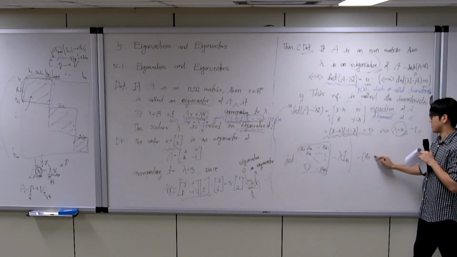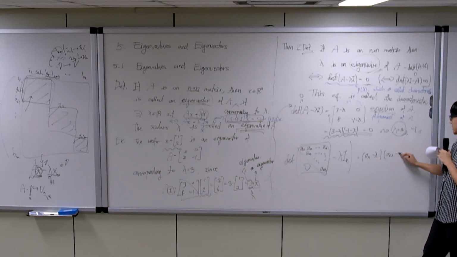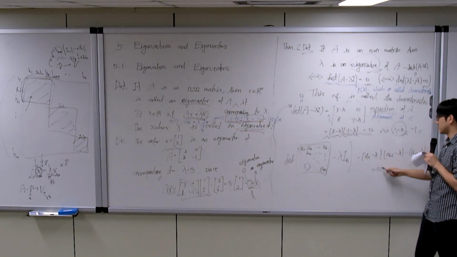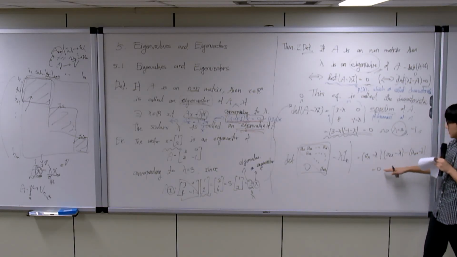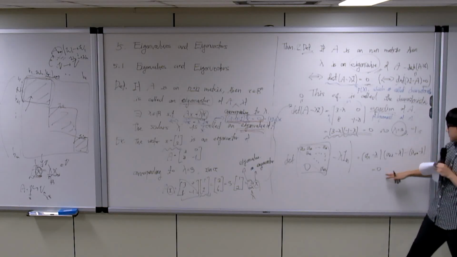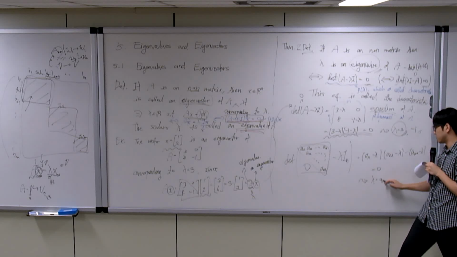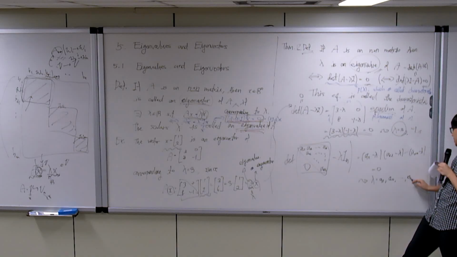That means A11 minus lambda, A22 minus lambda, Ann minus lambda. And in this sense, the eigenvalues we can also calculate. This is the characteristic polynomial, and if you get the solution of the characteristic equation, then lambda would be A11, A22, Ann.